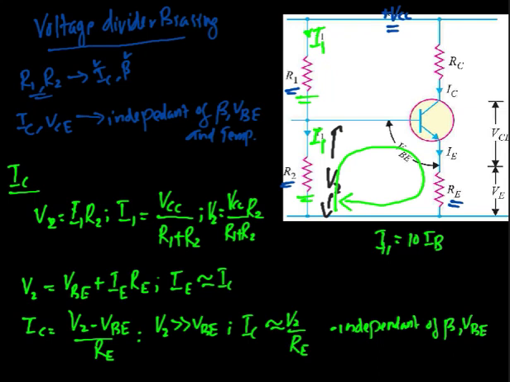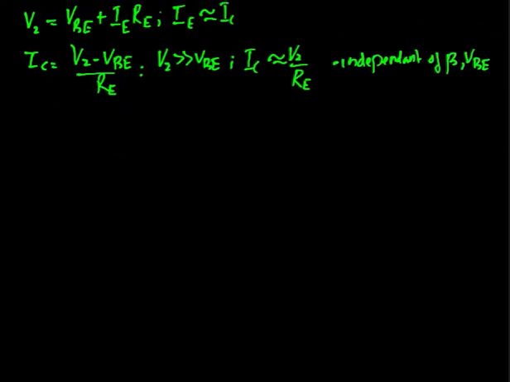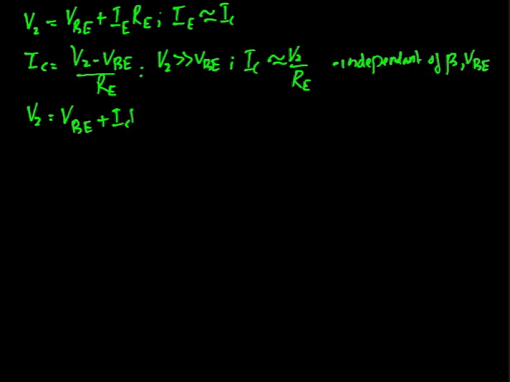Now again, using this equation, we can write V2 is equal to VBE plus IERE. Since IE is approximately equal to IC, we can write it as ICRE.